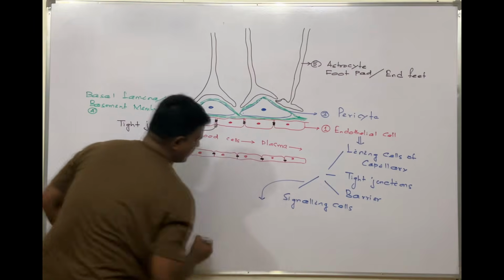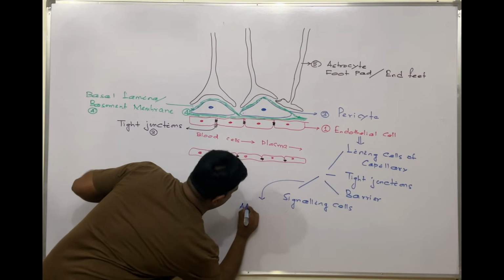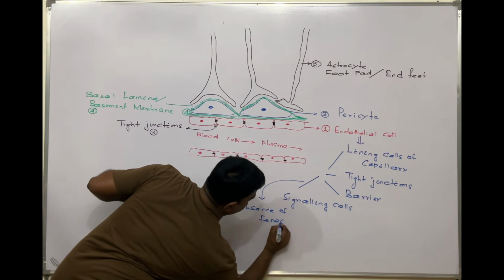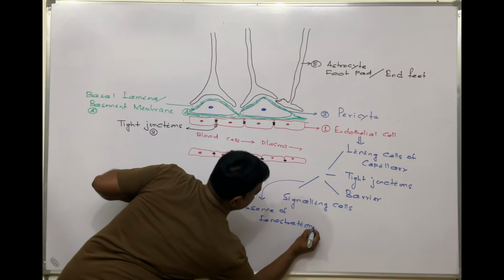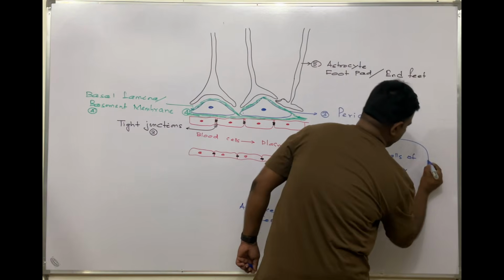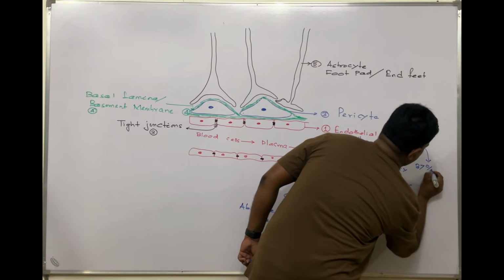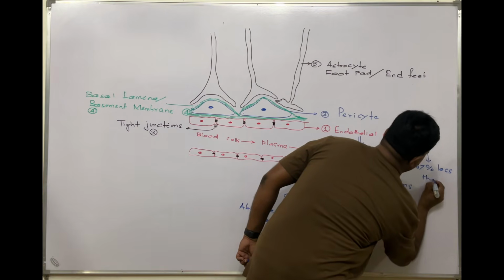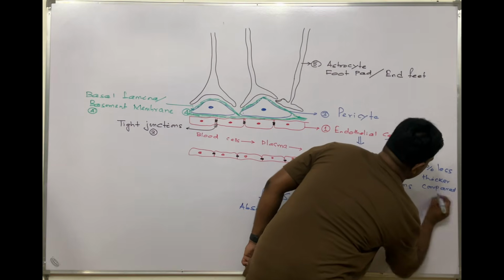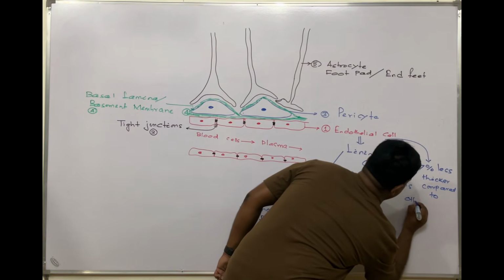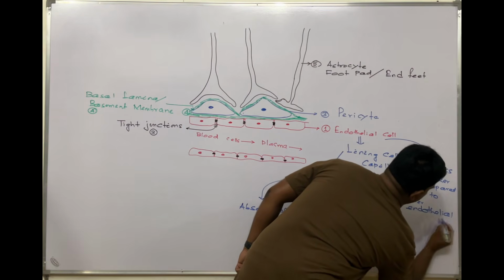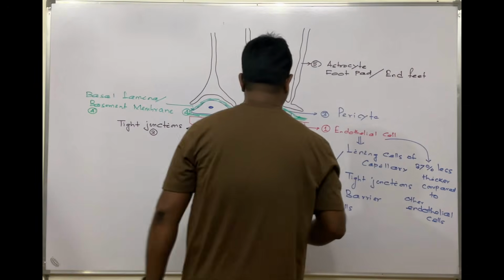These endothelial cells show absence of fenestrations or pores. Here I can write they are 37% thicker compared to other endothelial cells. This is the beauty.